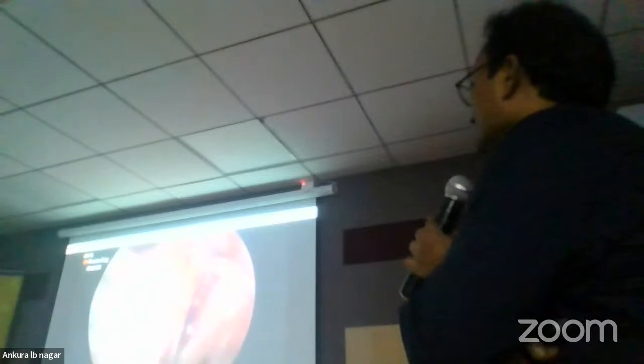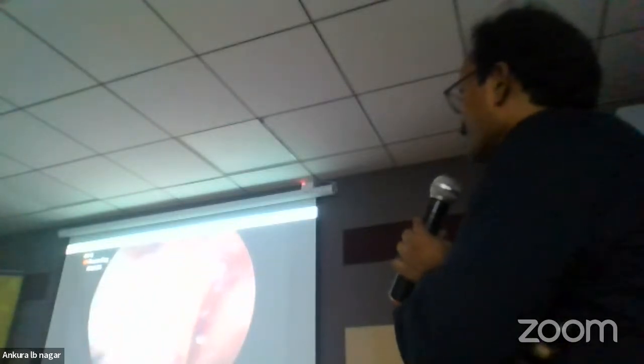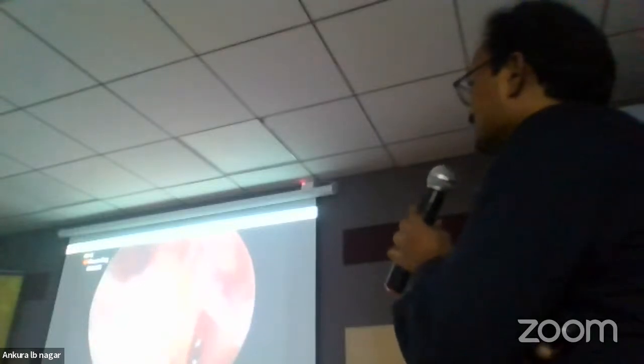Yeah, that is the extrapulmonary sequestration. As you can see, the long vascular pedicle is coming from the abdomen. That is the junction of the diaphragm with the chest wall.